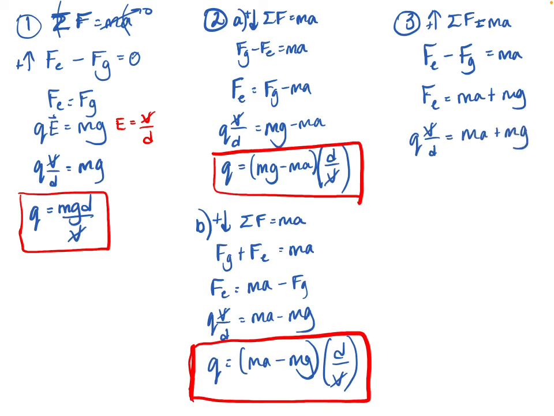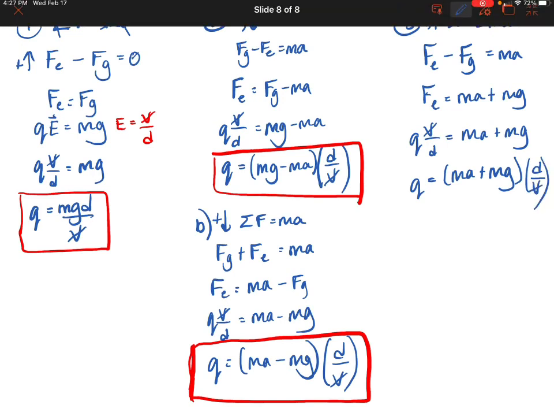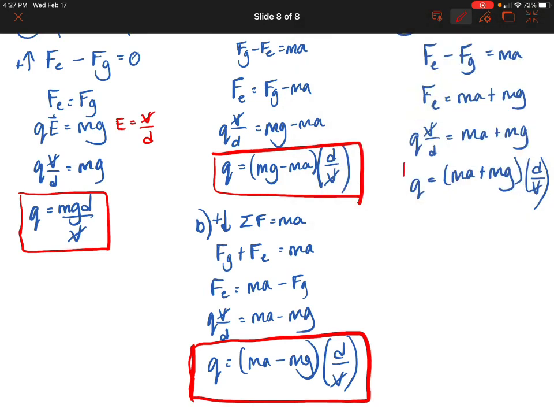And so if I want Q, of course, I multiply both sides by d over V. Okay? And so that's a case in which you would add the acceleration and the gravitational acceleration. And there we go. That's how we find that scenario. So that's when it's accelerating upwards.